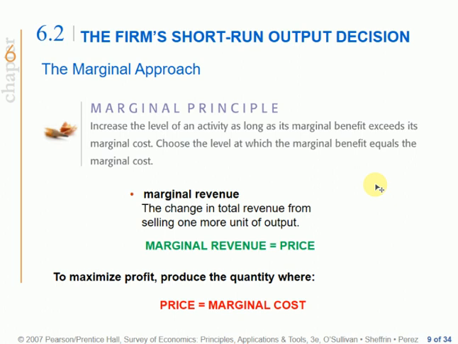So, in order to maximize its profit, the firm uses the marginal principle. The marginal principle indicates that the quantity Q star that maximizes the firm's profit is where the marginal revenue of the firm is equal to its marginal cost.